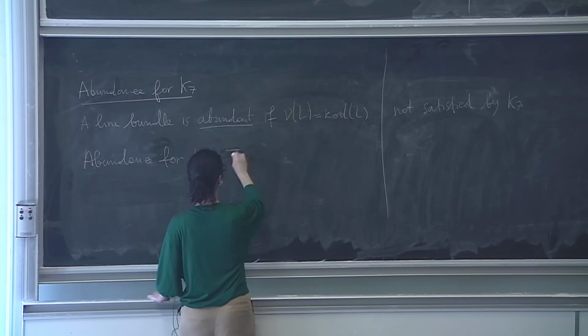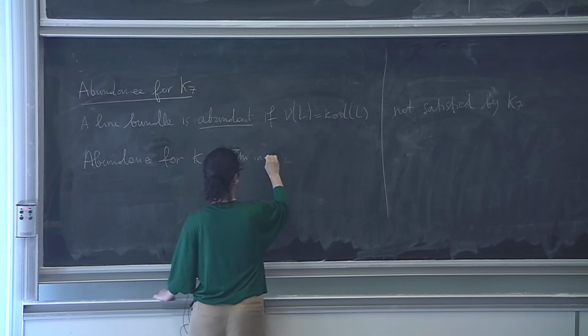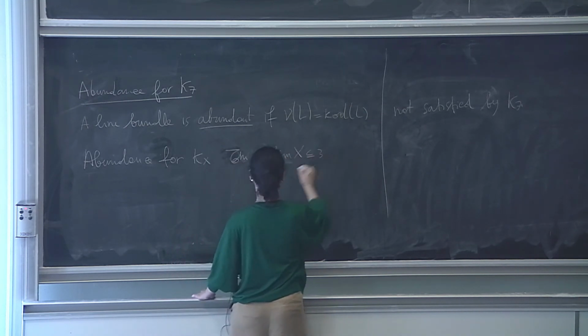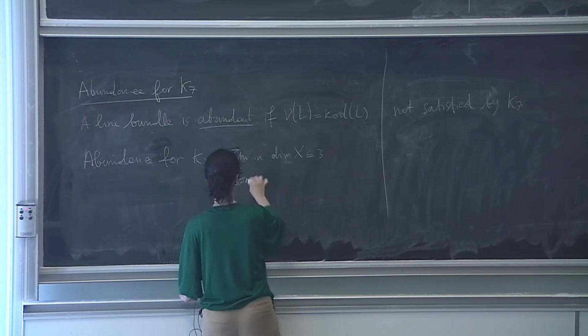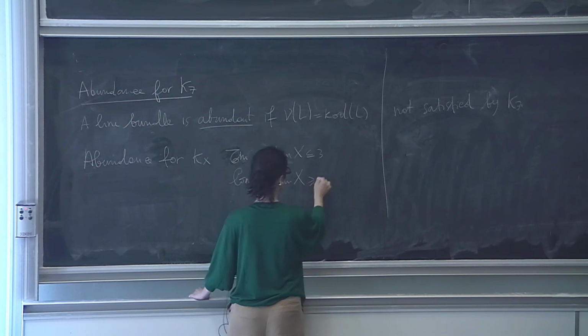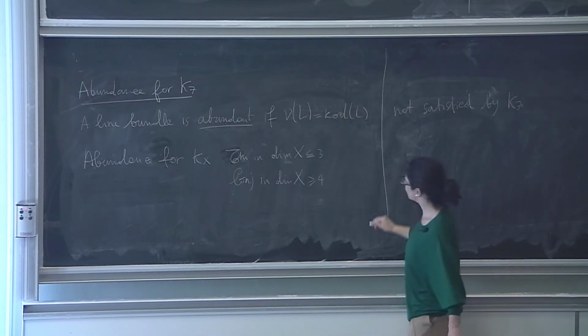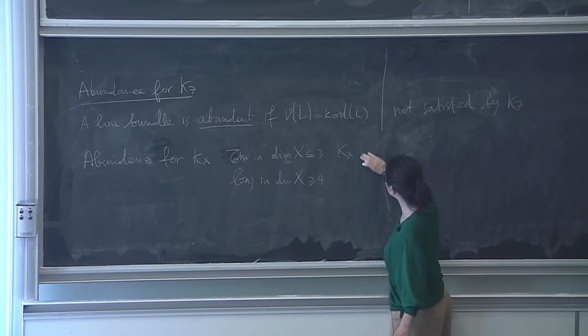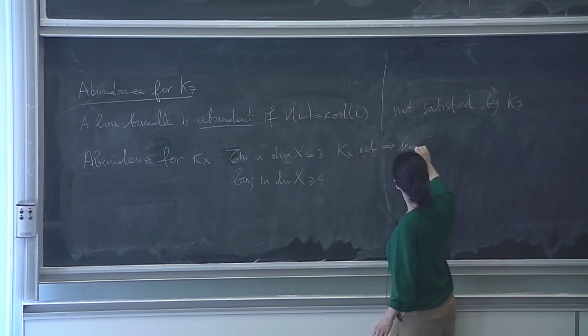This is a theorem in dimension at most 3, and a conjecture in general dimension. It goes as follows: if K_X is nef, then it is semi-ample.